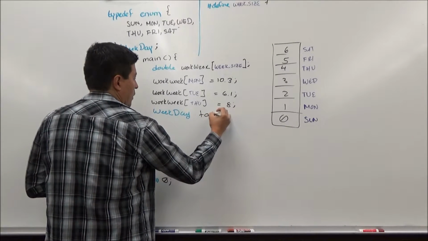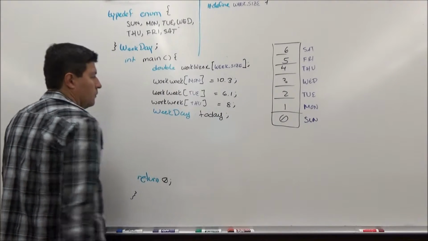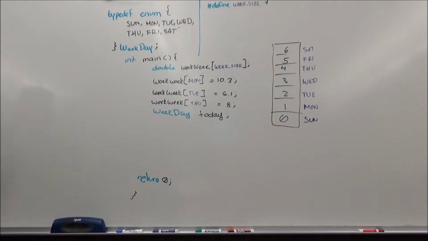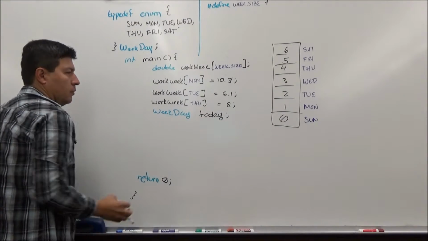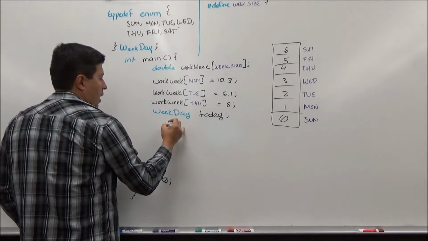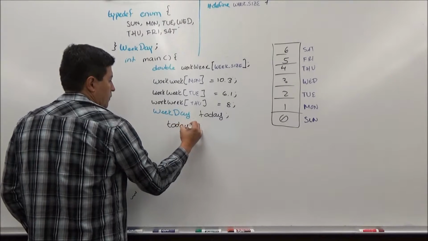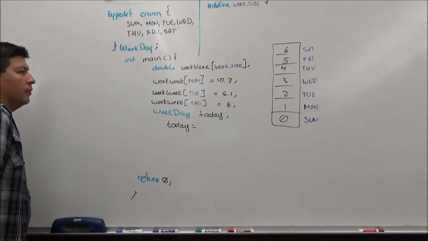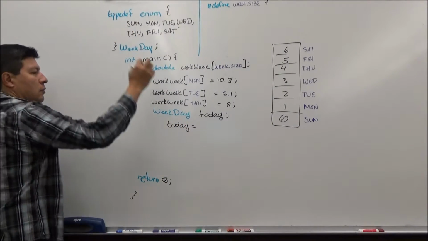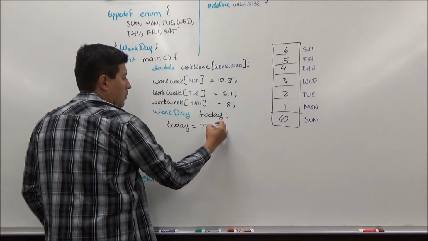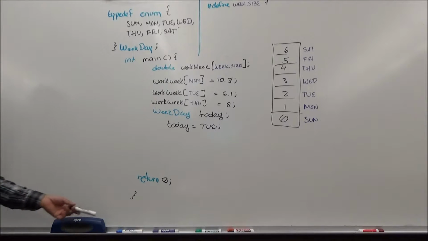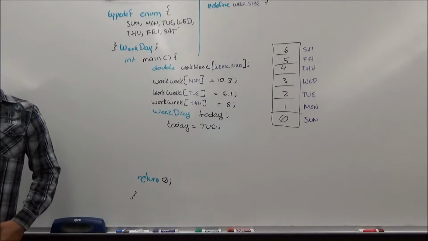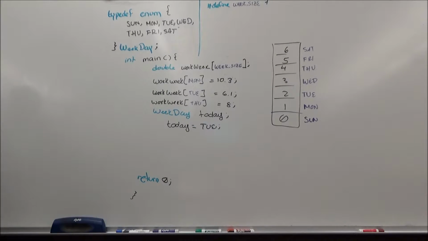I'll call it today instead of week. So today became a variable type, variable name. And the values will have to be one of this. Today is Tuesday. Just makes it easier to read, doesn't it?